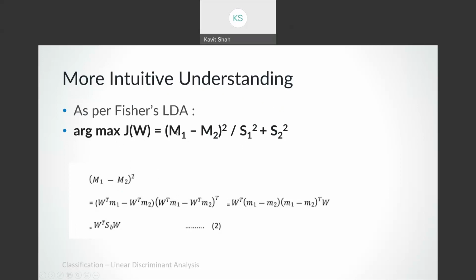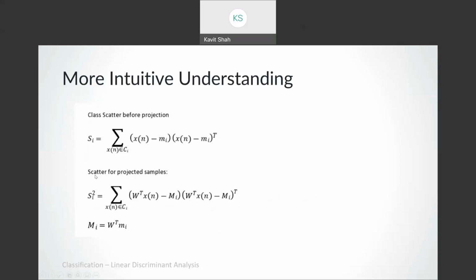In order to understand this better, we would write this numerator term in terms of W, that is the W vector, the coefficient of the LDA's estimate. So we could write M1 as we calculated in the previous slide, and taking W transpose out from each of the terms, we would get equation 2, shown here, that is W transpose SB W, where SB is the between class scatter.